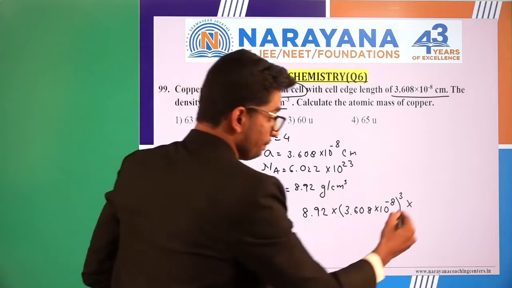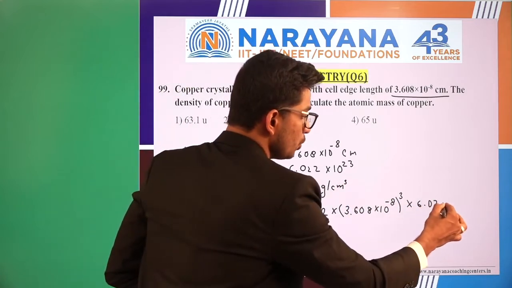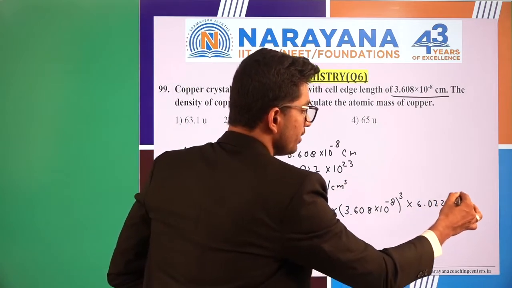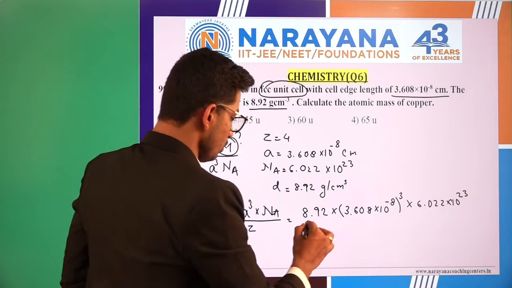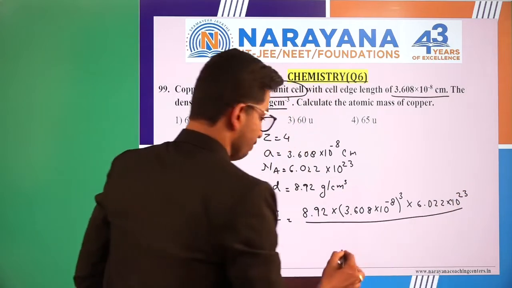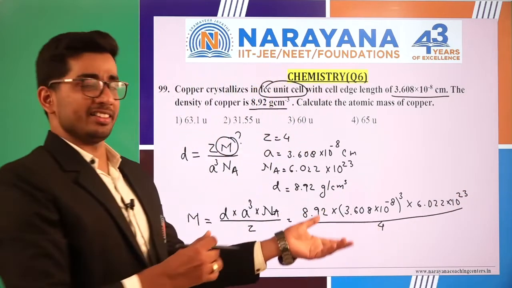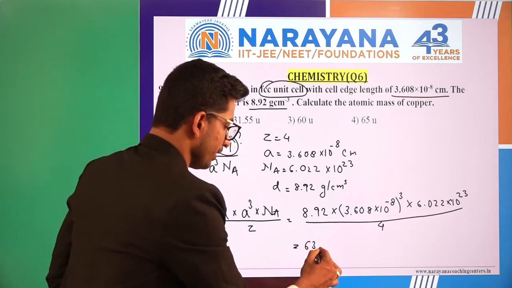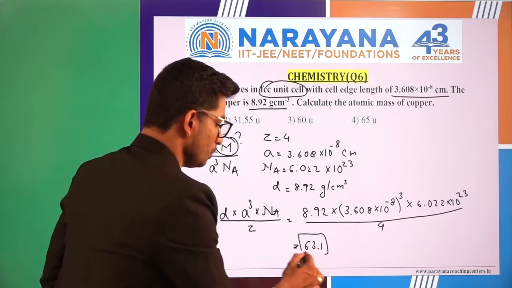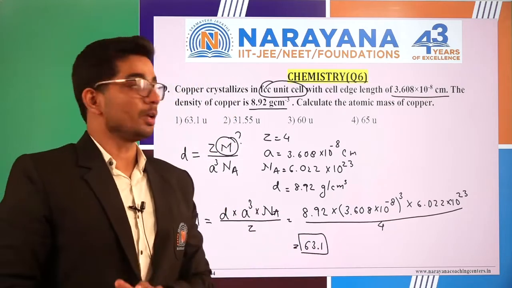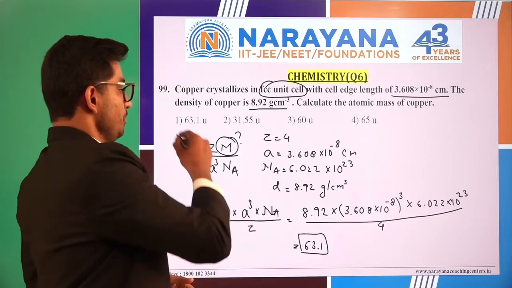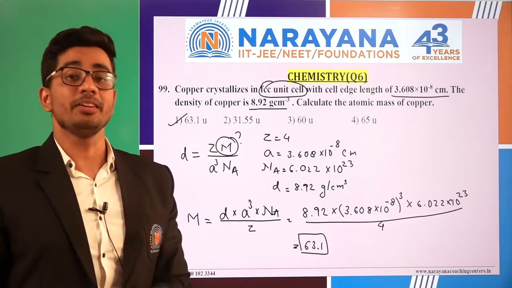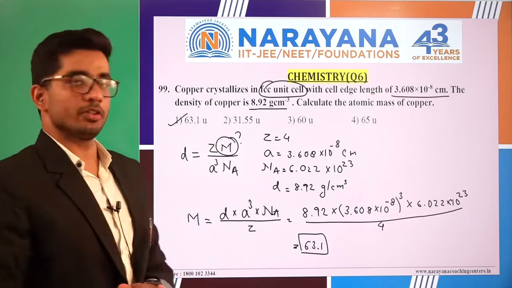You know the value, that is 6.022 into 10 to the power 23, and this whole thing will be divided by 4. On solving this, you'll get the answer 63.1, and we also know that copper has a similar molar mass. That means our answer is absolutely correct, and that is 63.1 u, the unified mass.